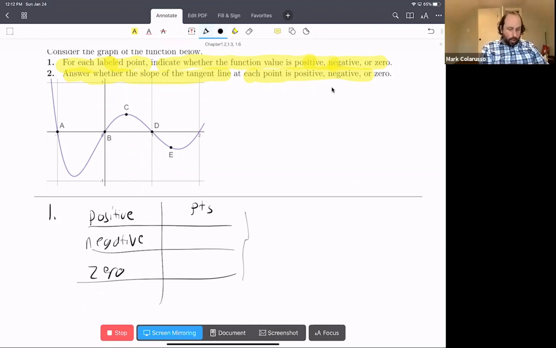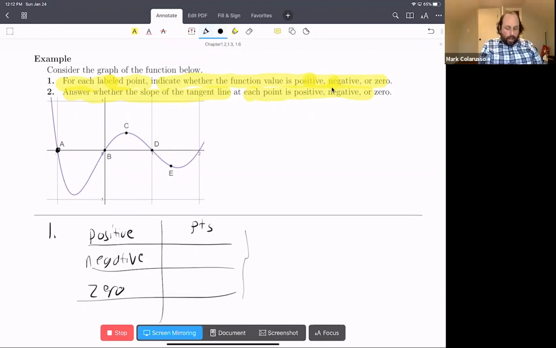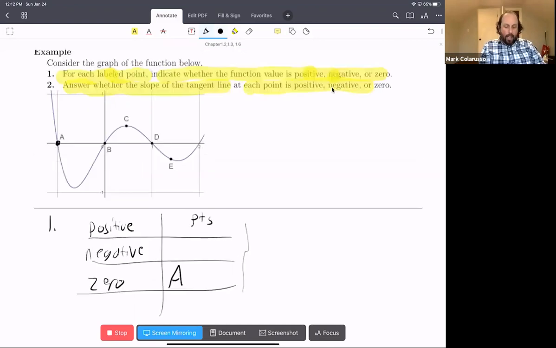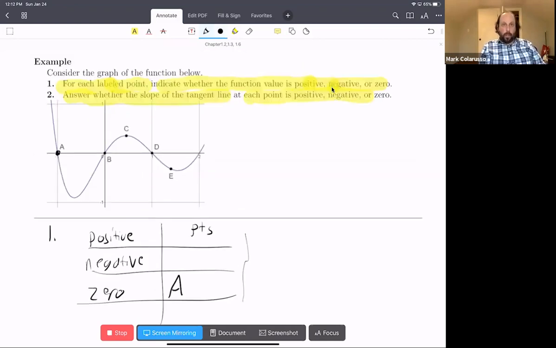So go to A, right? A is sitting on the x-axis, which means the function value is 0 there, so we can put A in that last row. Now we go to B. B is sitting on the x-axis, so the function value is 0 there, so we may put B in that last row.